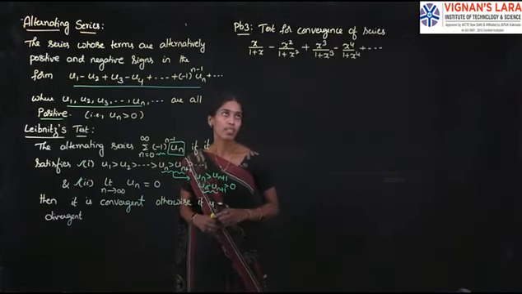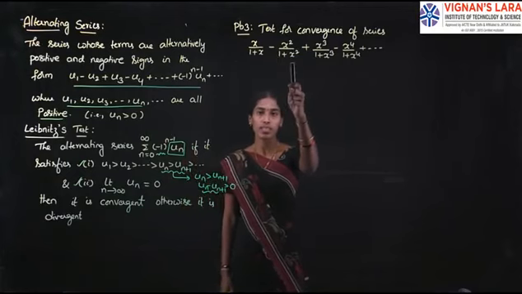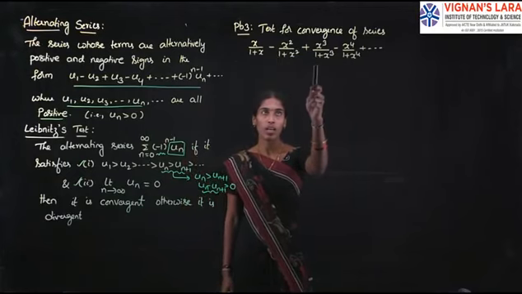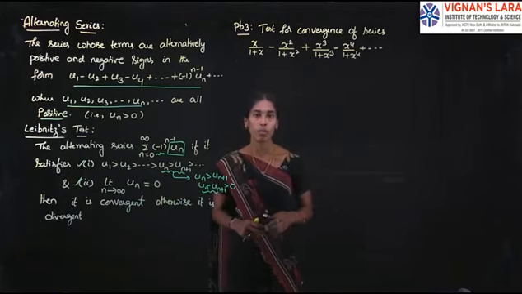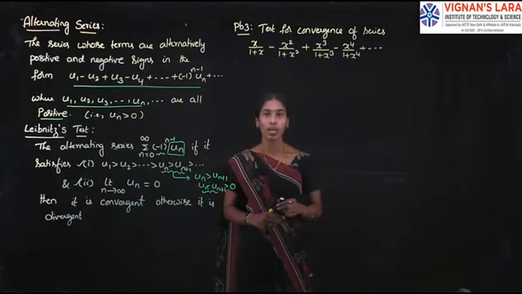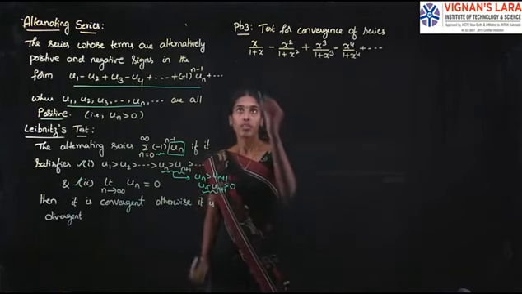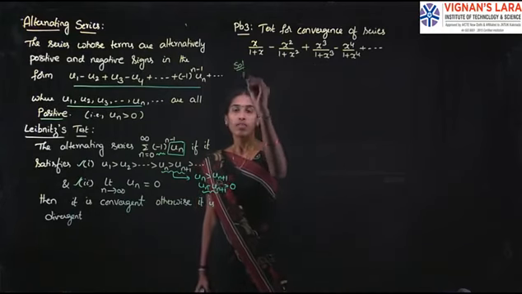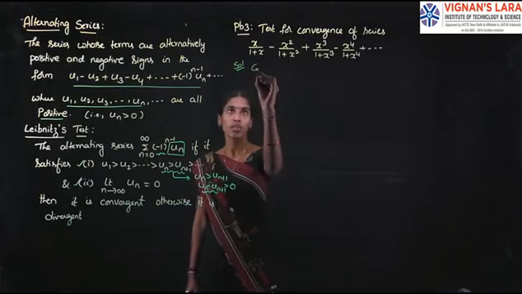Right, next sum: test for convergence of the series x by 1 plus x, minus x square by 1 plus x square, plus x cube by 1 plus x cube, minus x to the power 4 by 1 plus x to the power 4, and so on. First we have to write the given series in the generalized form.